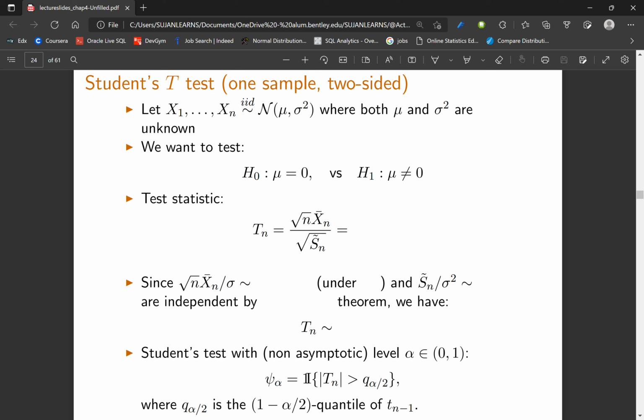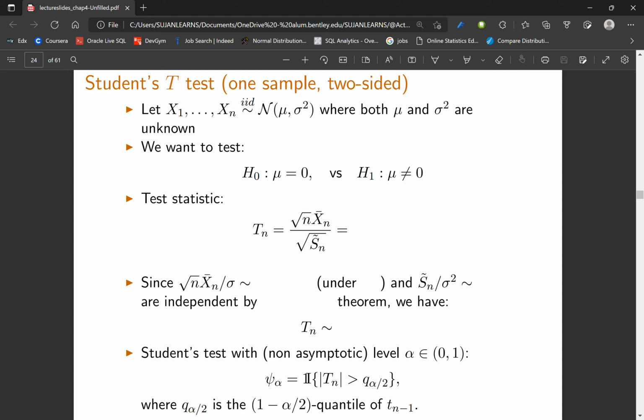We can do this by starting with adding sigma on top of the numerator and denominator.